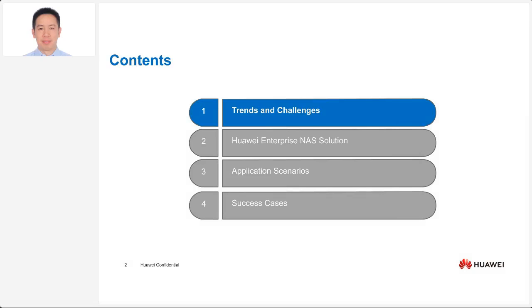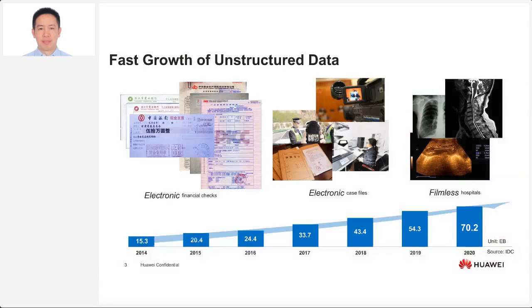We have 4 parts in total for today's session. First of all, we're talking about the trends and the challenges. Especially for unstructured data, you could see from the diagram, from 2014 to 2020, the unstructured data dramatically increased, and is still increasing.